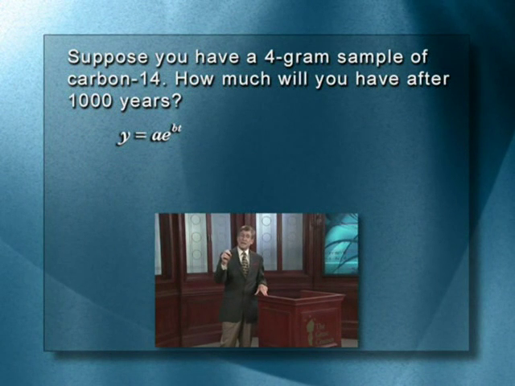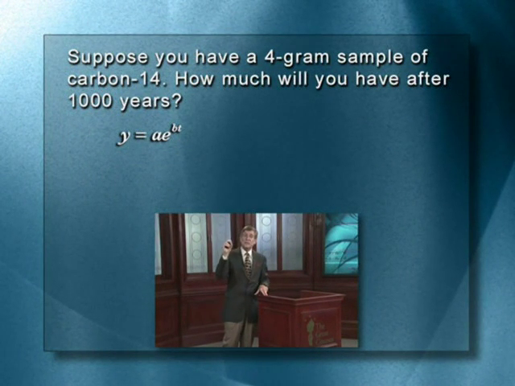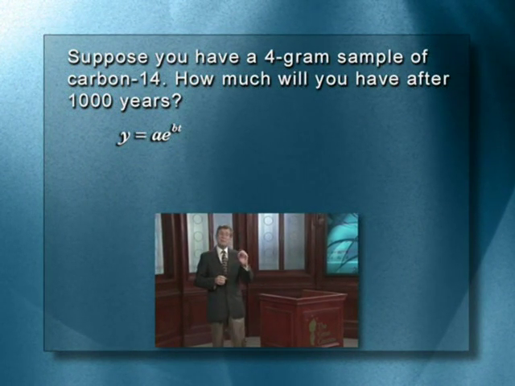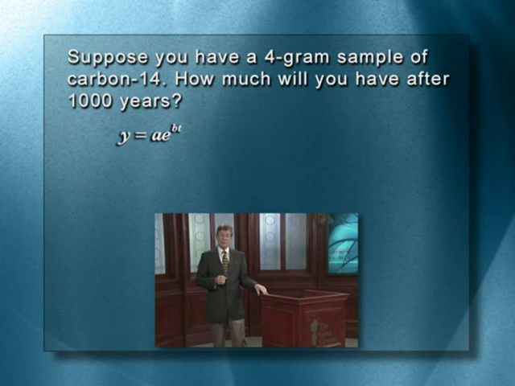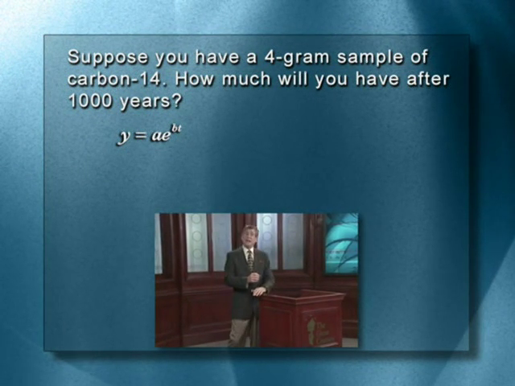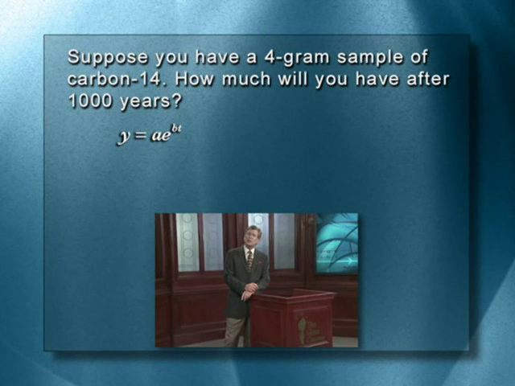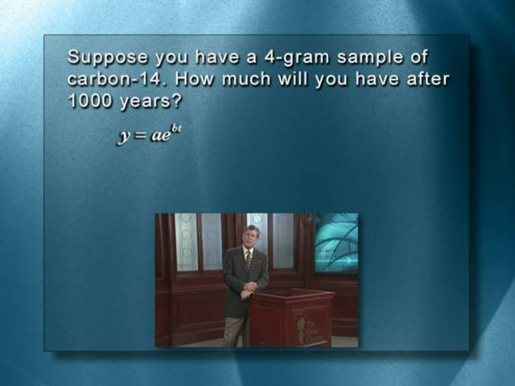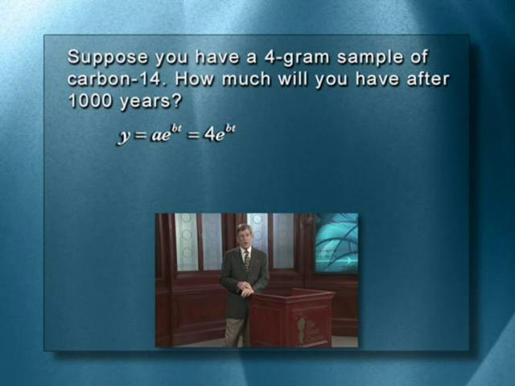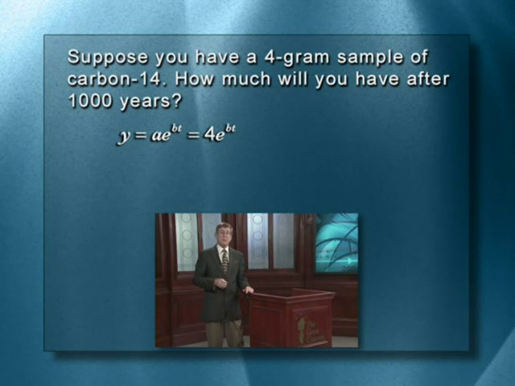It's exponential decay. So we'll use the same formula, y equals ae^(bt), but we expect b now to be a negative number, don't we? All right, what's a? Well, a is the initial amount. When t is 0, e to the 0 is 1, so I know a is 4 right away. The only question is what's b?